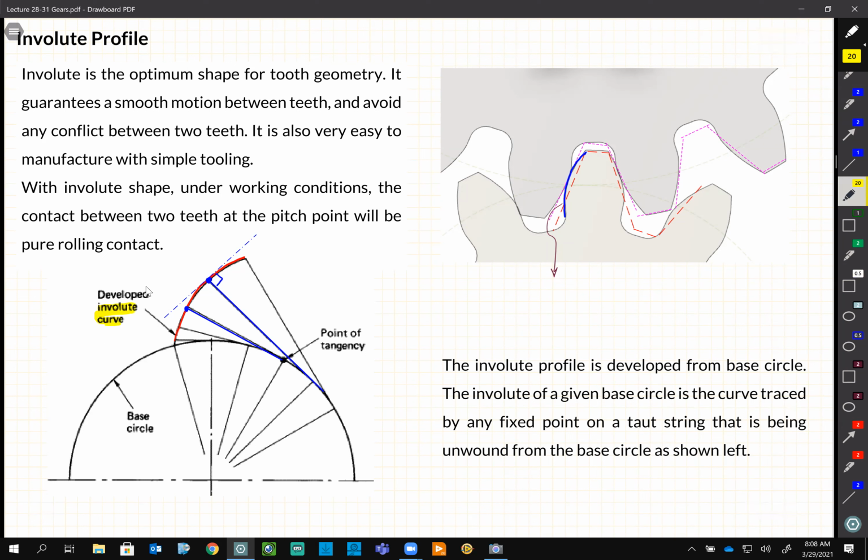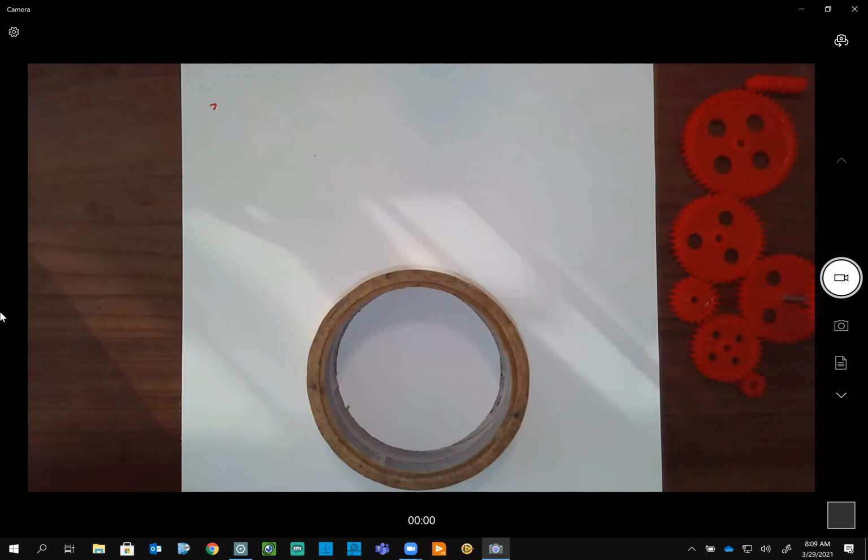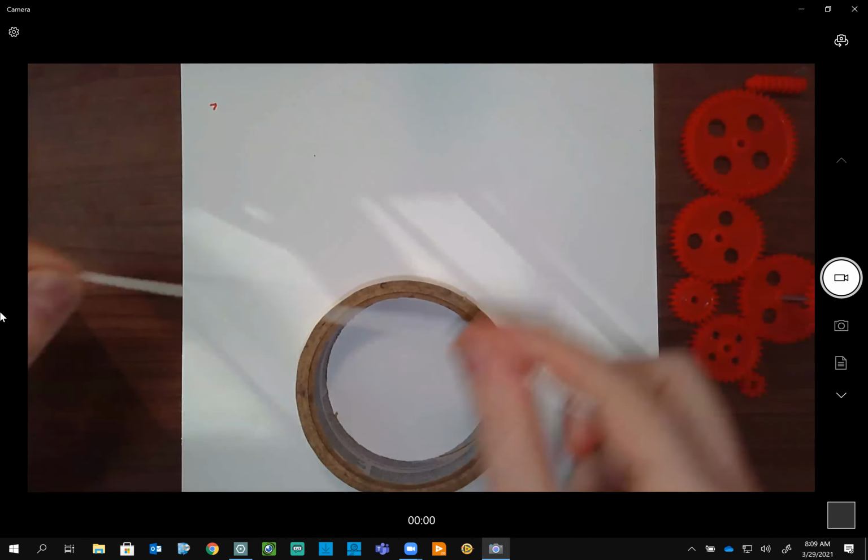So this involute curve, or maybe I'd better show you, because it's an important thing that you know where these curves come from. Let me get to my camera here. Okay. So let's see, if I have a cylinder fixed to the ground and a piece of string.